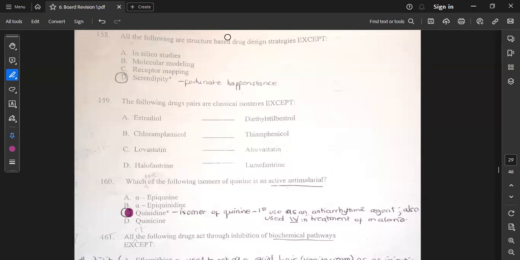Okay. What is complicated malaria? How do we treat complicated malaria? Anything to note about quinine, blackwater fever?